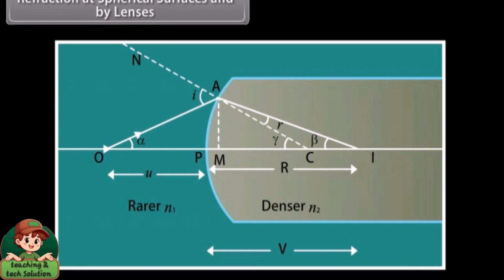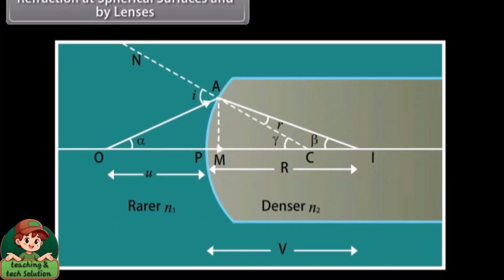An incident ray OA after refraction at the point A on the surface bends towards the normal NAC and goes along AI. Another ray OP falls normally on the surface and proceeds undeviated after refraction.